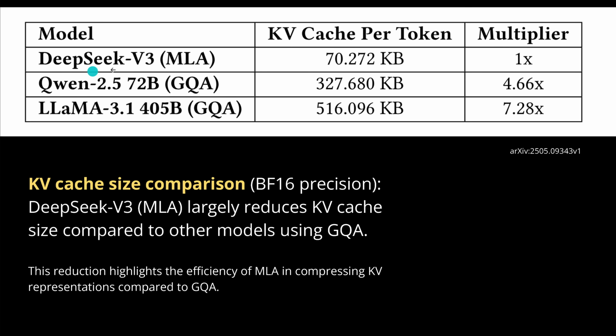Version 3 only needs 70K. Llama 3.1 405B needs 516K, and the Qwen 2.5 72B, the older one, 327K. So this is really an outstanding result for the key-value cache.